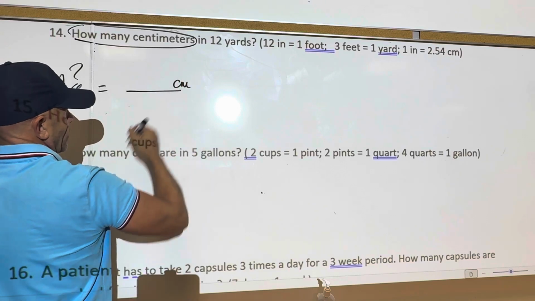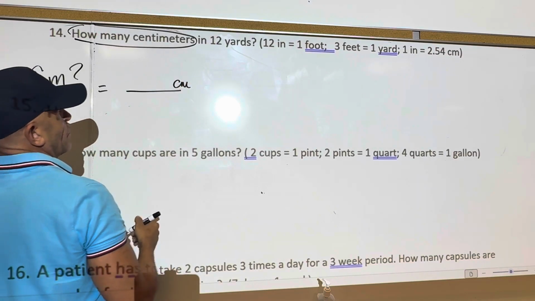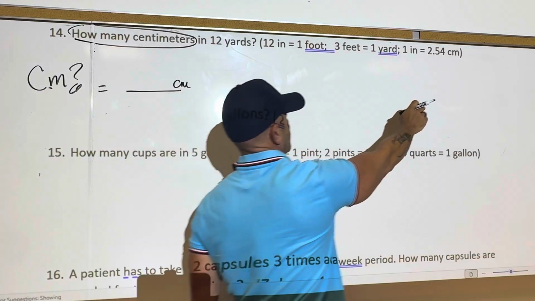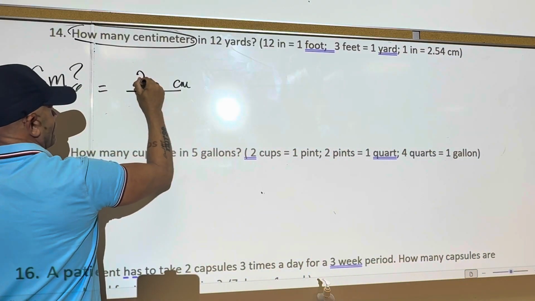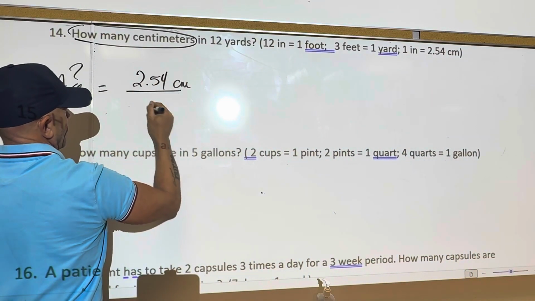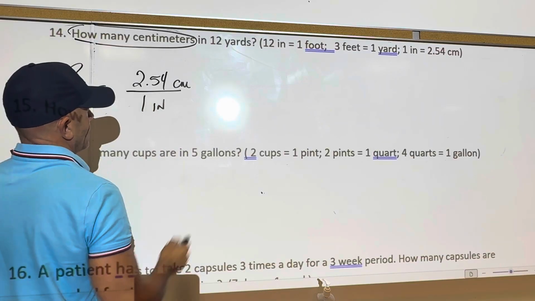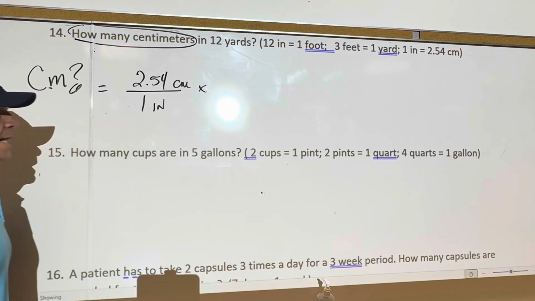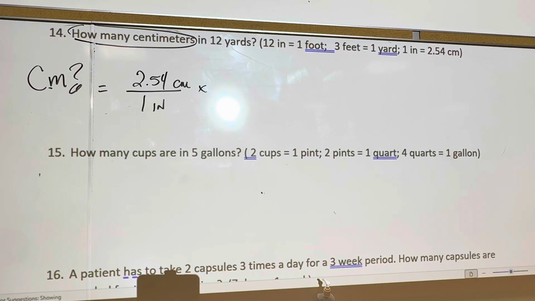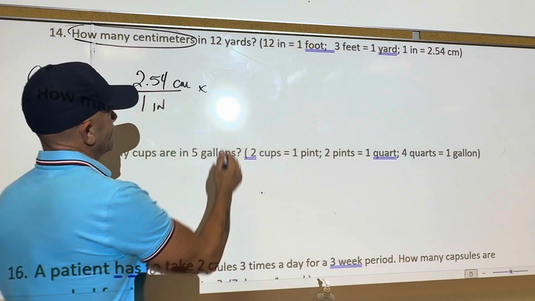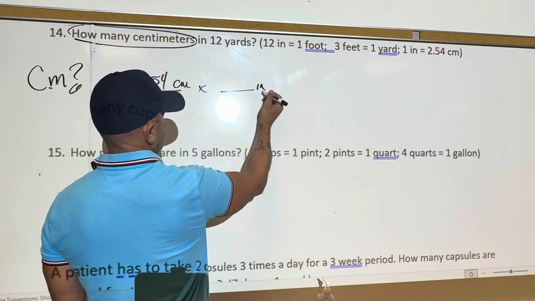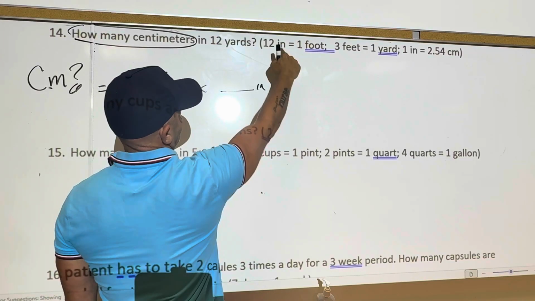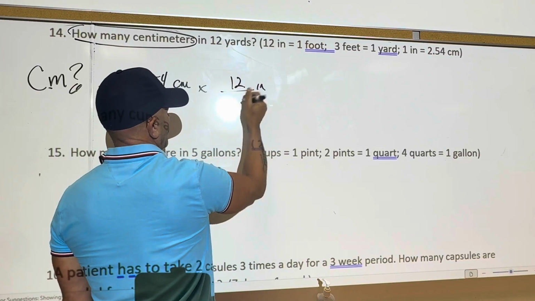Centimeters. Always starts at first. So, look at what we're given. 2.54 centimeters is 1 inch. Okay, what goes next? Well, we know what goes here because we got to bring it up here, right? So it's inches. Well, what do they give us in inches? Well, there it is, 12 inches in 1 foot.